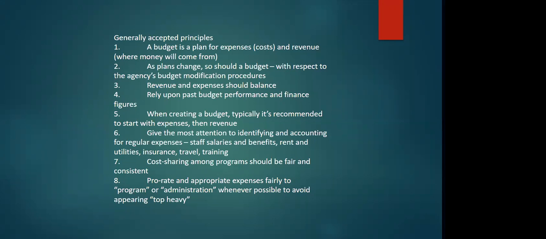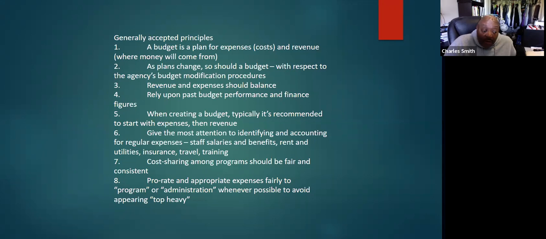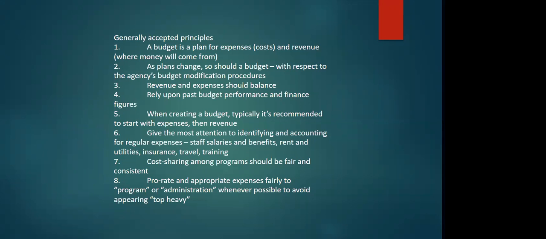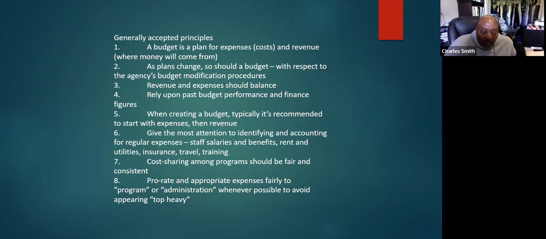Do you know what they mean by top-heavy? Giving too much money to the administrative? Yeah, exactly. That's what we call top-heavy. This is supposed to be about the people. Mm-hmm. It's not supposed to be about your salary.